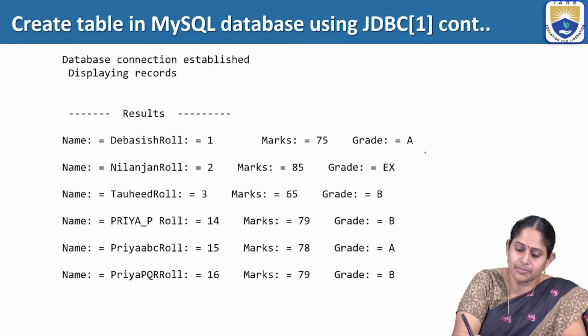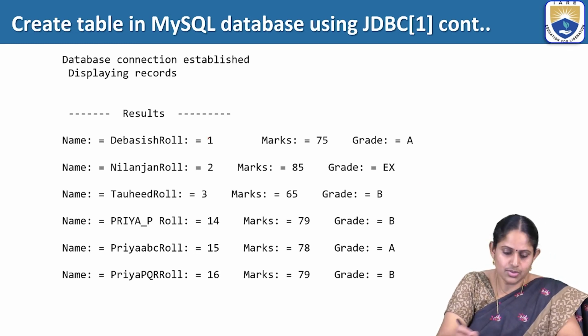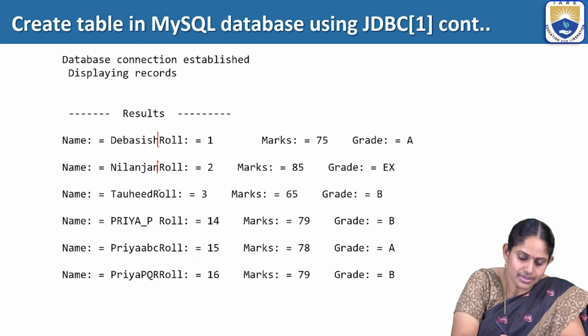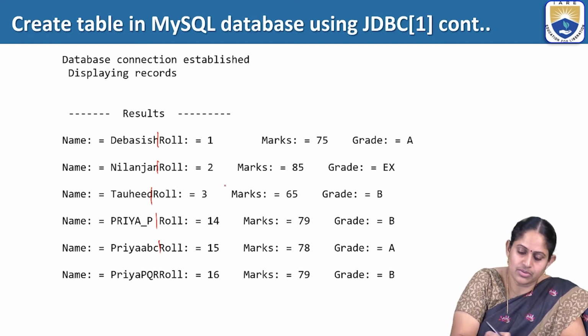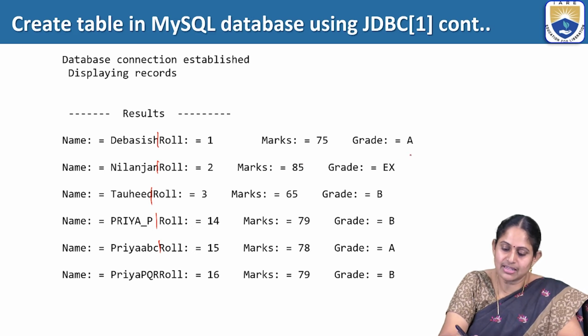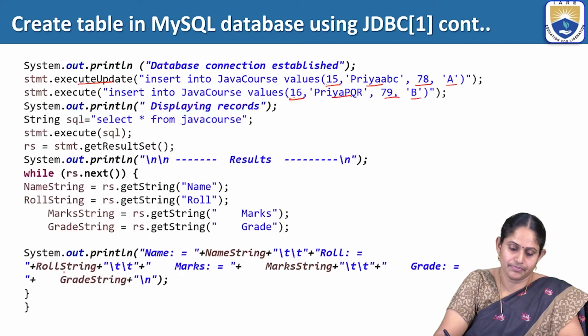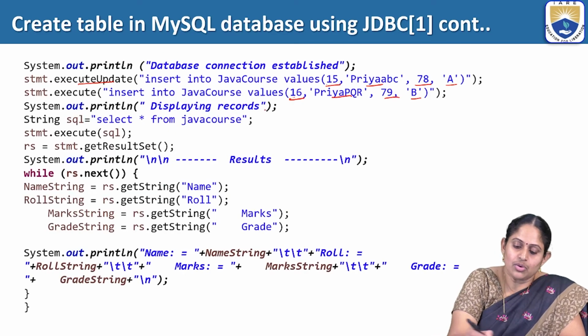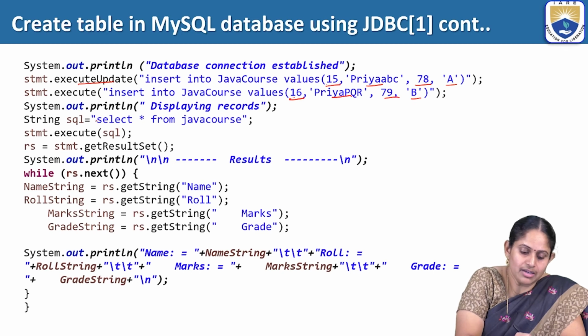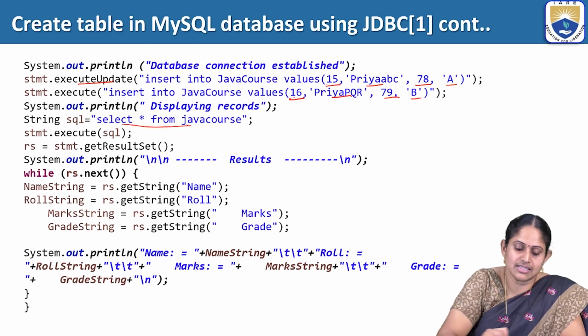So finally I will get a table like this. This will be the table which is already there. We had 4 columns. We already entered these values into the table before, and after that I have inserted these 2 rows. To get that output, we have to make use of select star from Java code.